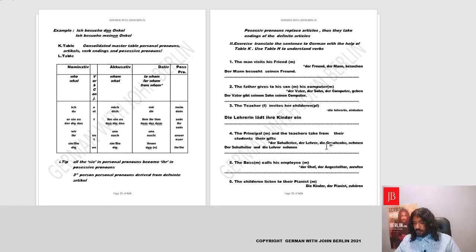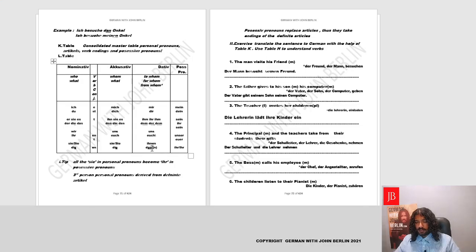Now, from their students. From whom? If you remember, dative is also from whom. So we'll find out from their students. Students is plural. We'll go right down to plural. It's den. Yes, students is Studenten. So den Studenten, but we do not need the definite article.